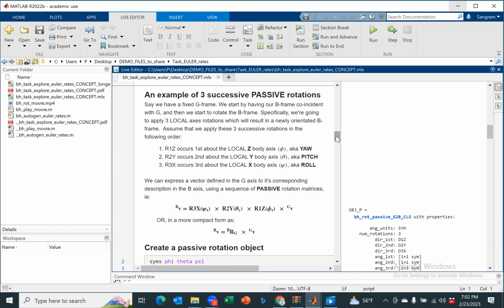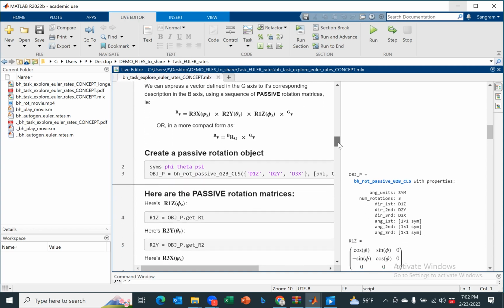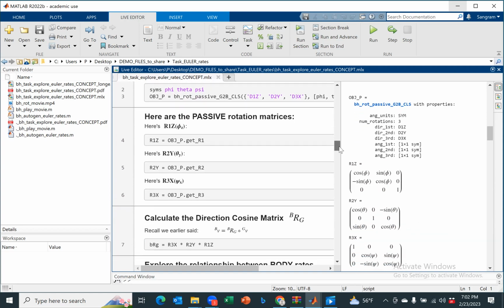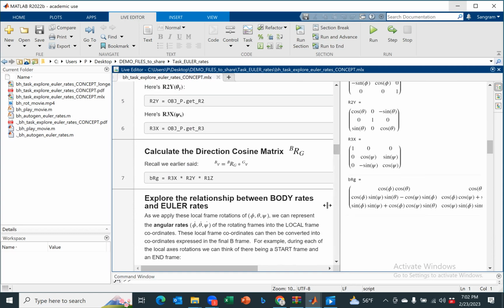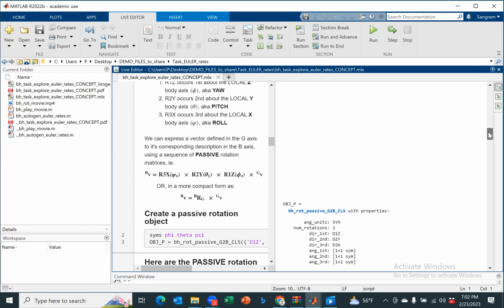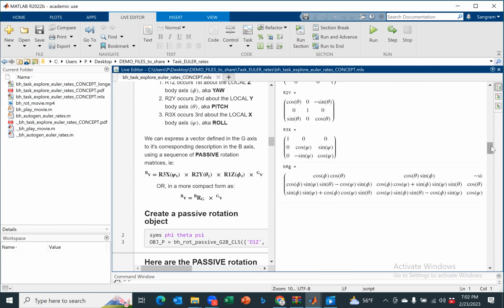You have the rotation psi, then the rotation theta, and then the rotation phi. And when you multiply all these, you get your direction cosine matrix. What you get is this rotation transformation, exactly the same rotation transformation that you have seen for the spherical wrist. And this is exactly the same rotation transformation that we studied in chapter 2.